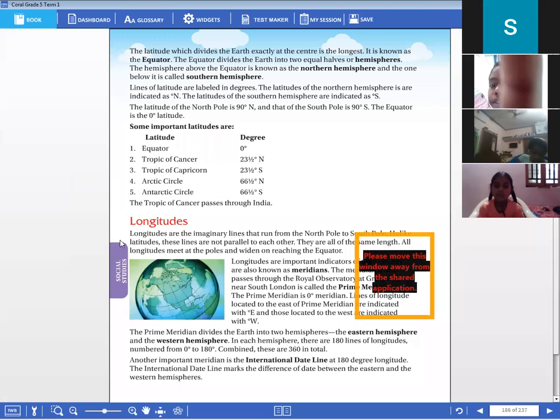Here also, the longitude divides the earth into two halves. They are called eastern hemisphere and western hemisphere. Okay, children. In each hemisphere, there are 180 lines of longitude.